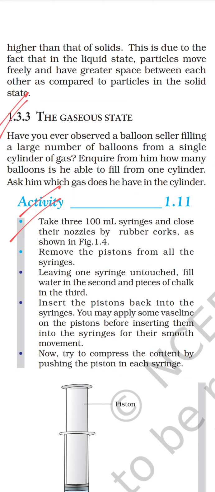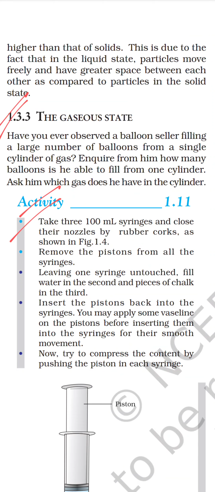Take 100 ml syringes and close their nozzles with rubber corks as shown in figure 1.4. Remove the piston from all the syringes, leaving one syringe untouched.